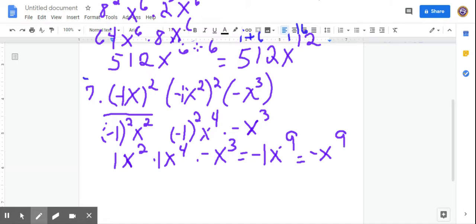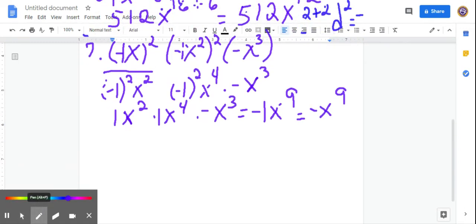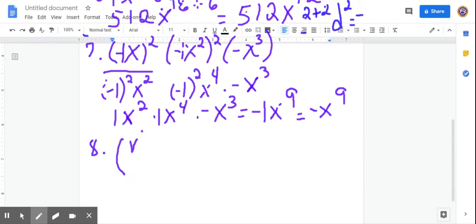Number 8 is the quantity of v to the fourth power over w to the eighth, and that is all raised to the fourth power. So we're going to have a power to a power here.